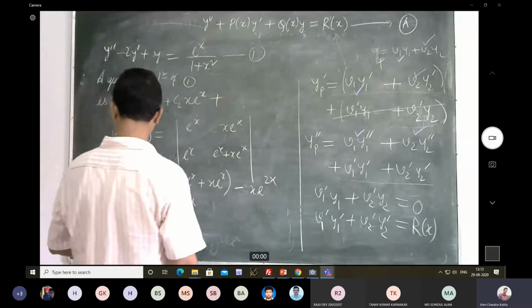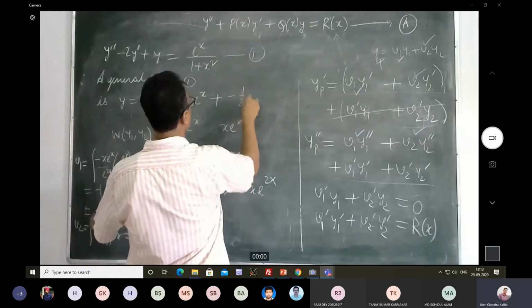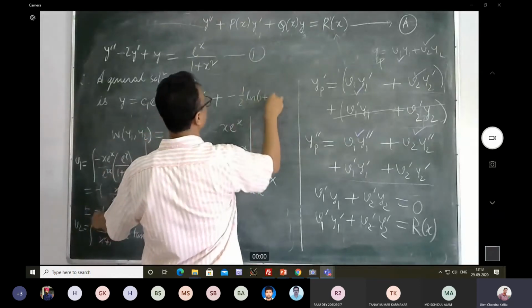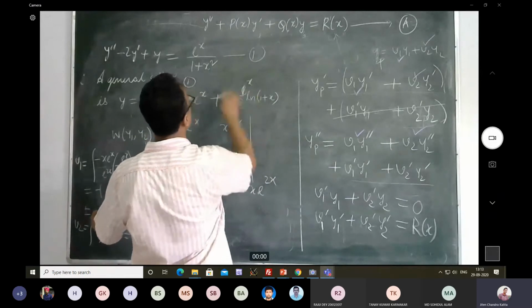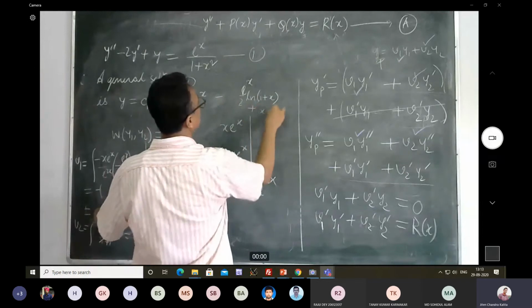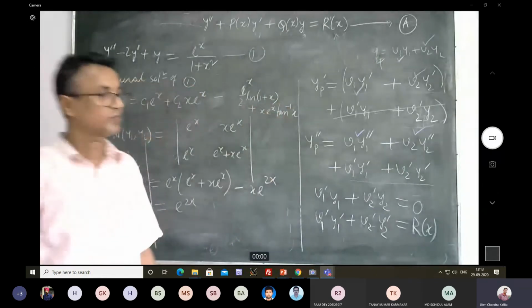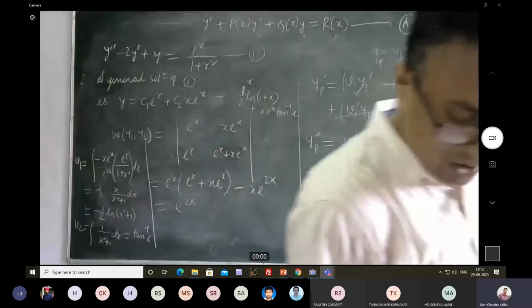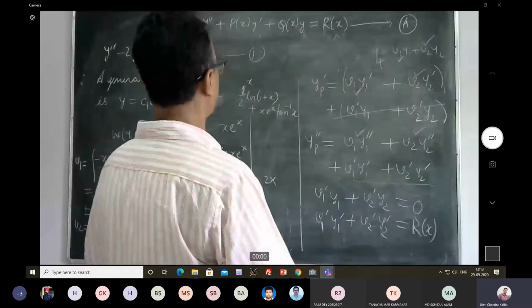So v1 is this, so minus half ln (1 plus x squared), so maybe I will write e to the power x here, and then plus x e to the power x tan inverse x. That's okay. Fine.